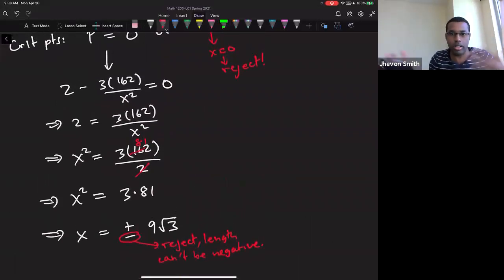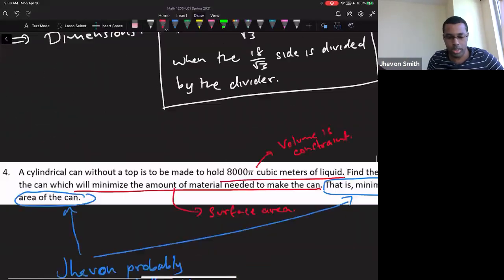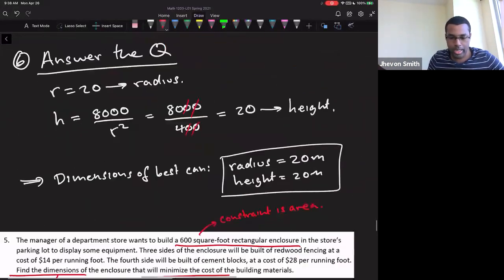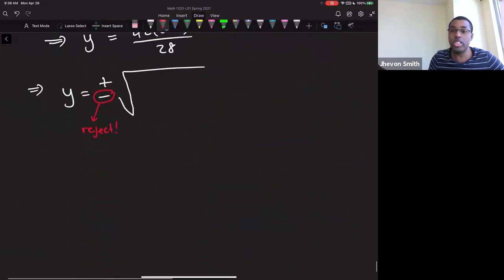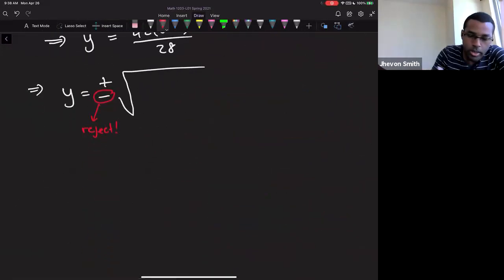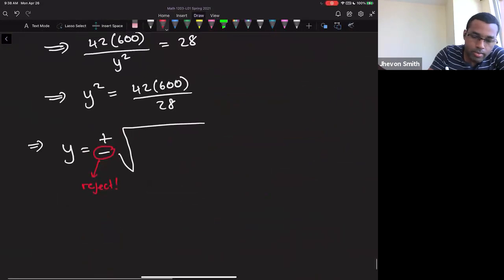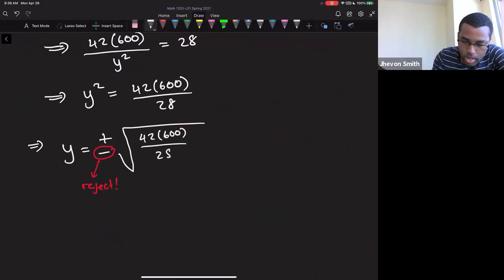It's not anarchy, right? It's not a free for all. When you take the square root, you get a plus or minus. Like what do you want me to do? Okay, so I see that I got a plus or minus, but I reject the minus. I reject it, and then we are going to do 42 times 600 over 28.